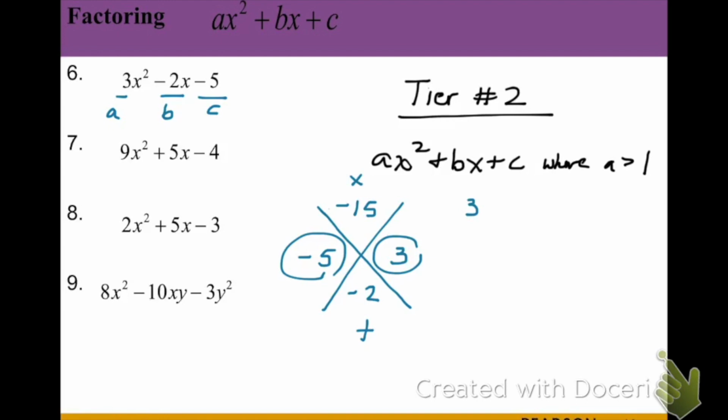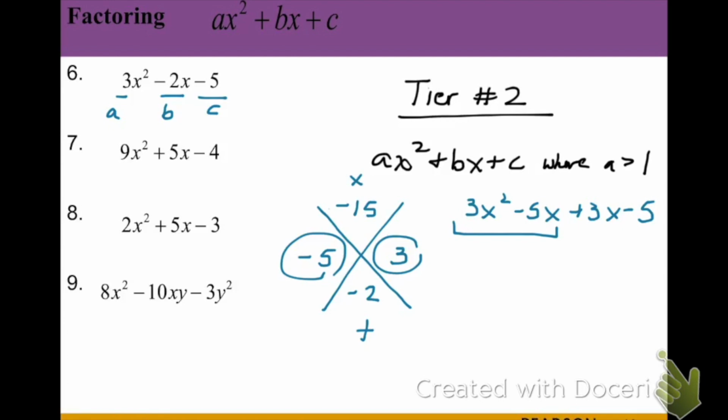In this case, instead of just rewriting them as our factors, what we're going to do is rewrite the original polynomial. But instead of the middle term, we're going to use the two numbers that we found, in this case the -5 and the +3, using the x values or whatever the variable the middle term is. From here, then, we're going to use grouping.